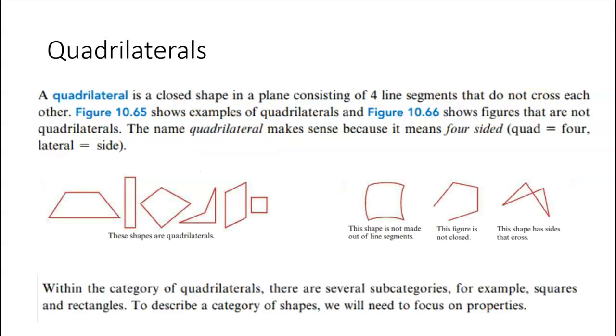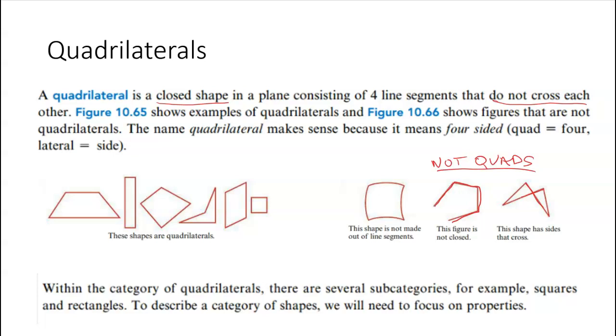We call those quadrilaterals. So a quadrilateral is a closed shape. So if you look at these open shapes here, this is open. It's not closed. They also do not cross each other. See how this crosses here? So these are not quadrilaterals.